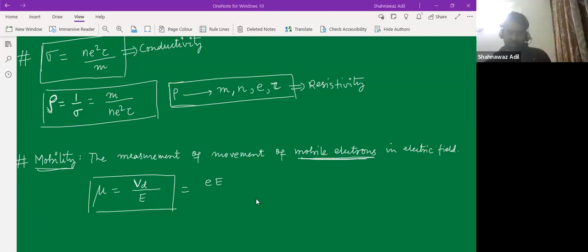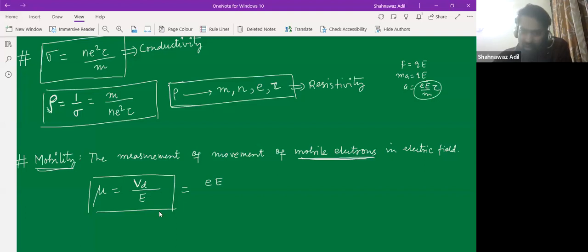So what was Vd, right? Always remember that Vd is acceleration into time. Acceleration, we know that F is qE and F is m into a. So you can always calculate the acceleration by eE by m, and then you multiply it with tau.